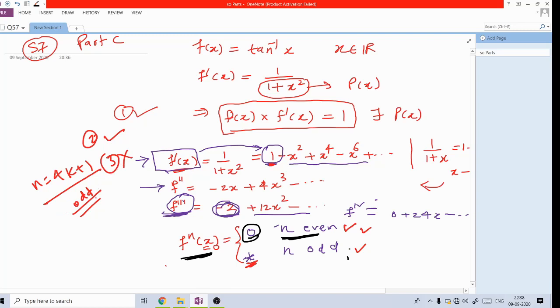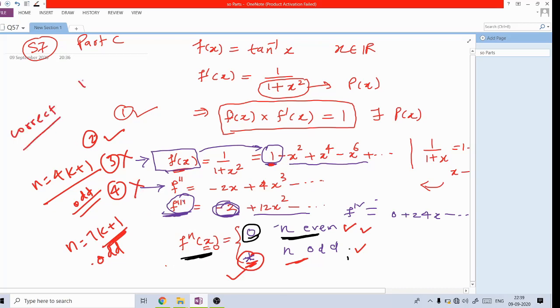And in the fourth, they are saying f n at 0 equals 0 for n equals 7k plus 1. Now see, this 7k plus 1 is again odd. So for odd they are saying we are getting 0, but for odd n we are getting a non-zero entry. So the fourth option is also incorrect. So what are the correct options? The correct options will be first and second.